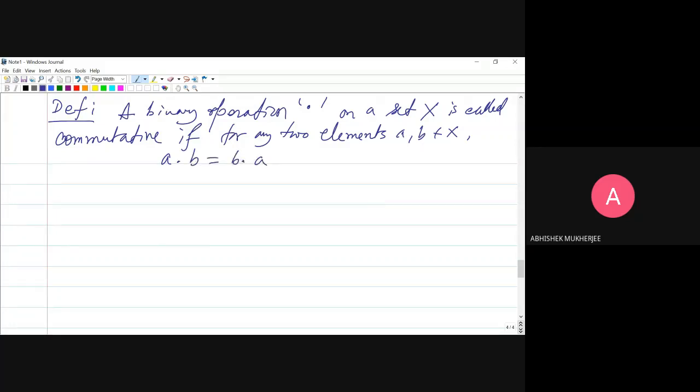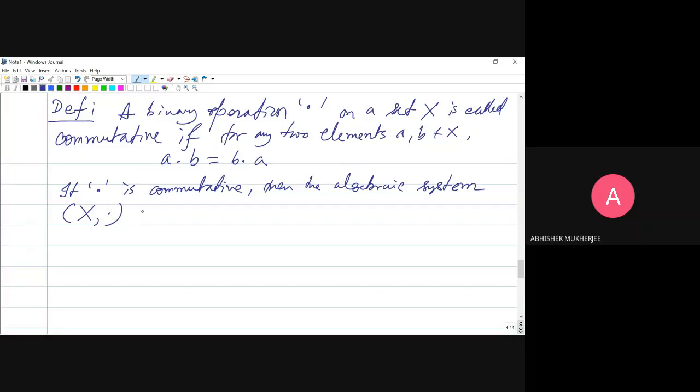If it is true, then you say that the binary operation dot on the set X is commutative. So if dot is commutative, then the algebraic system (X, dot) is called a commutative system.